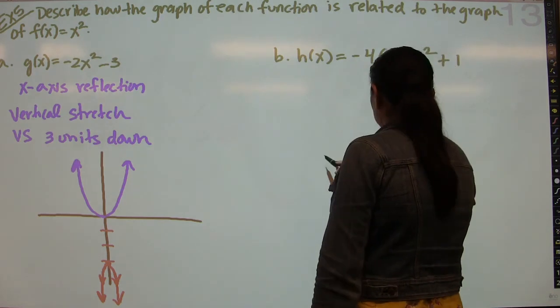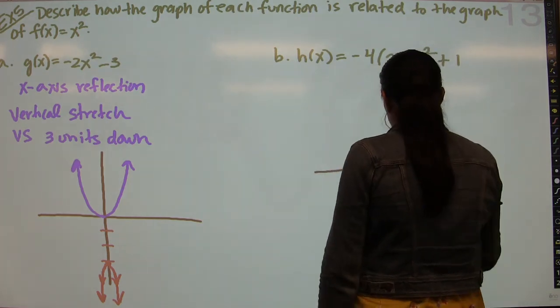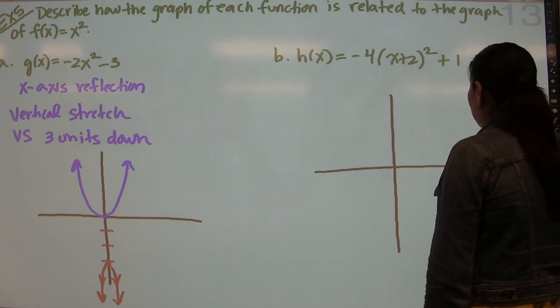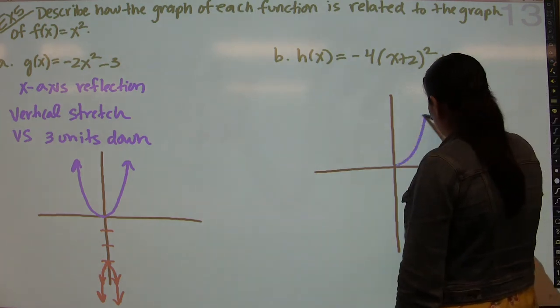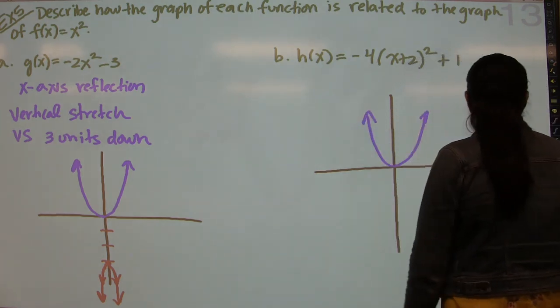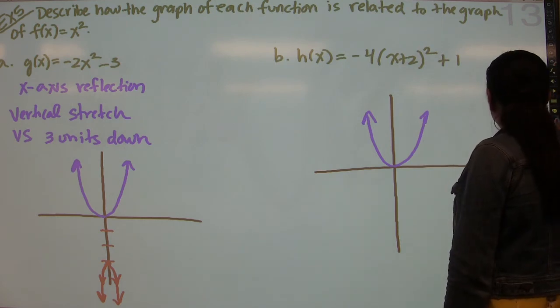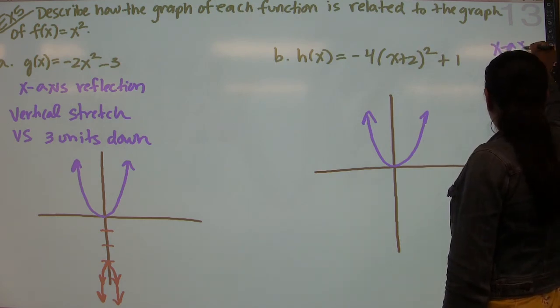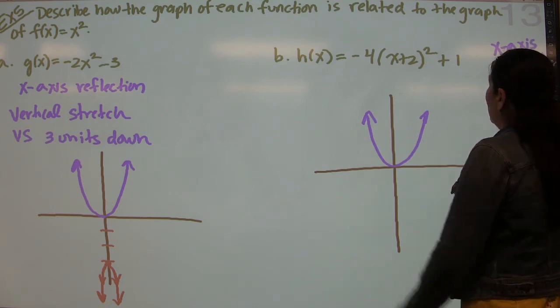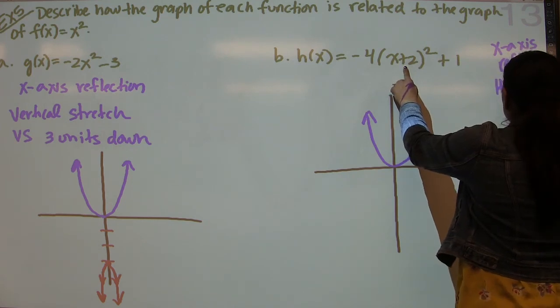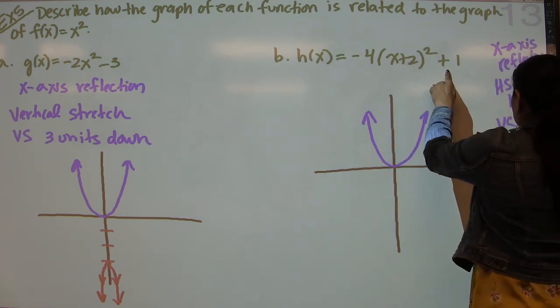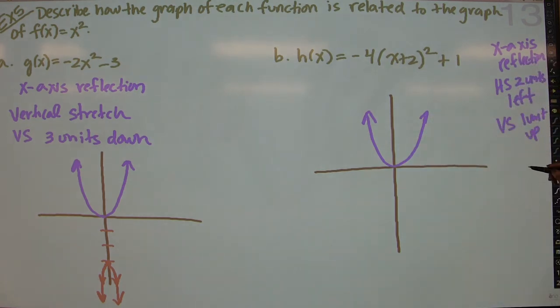Alrighty, so we want to come back over here for part B. We're going to have, again, our parent graph right here. And in this case, again, we're going to have an x-axis reflection. We're going to have a horizontal shift 2 units to the left because of the +2, and then a vertical shift 1 unit up because of the +1 there.